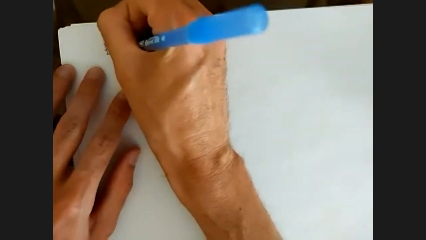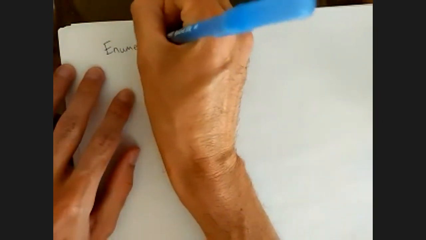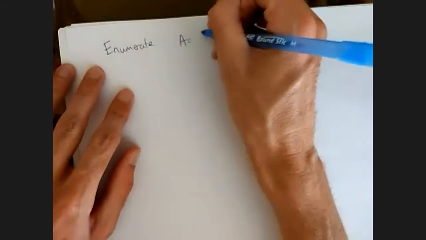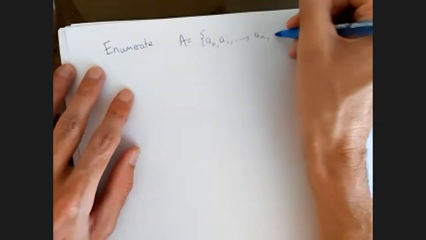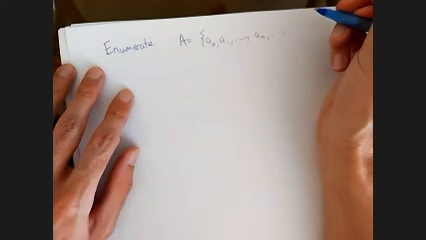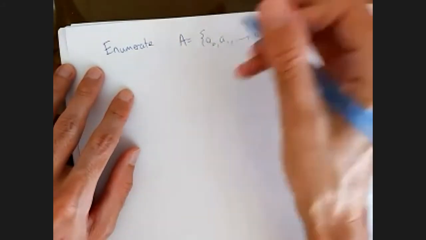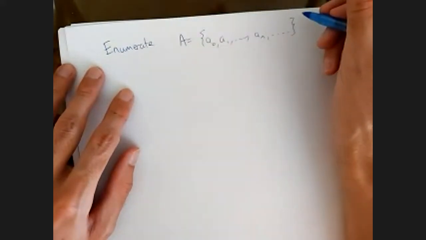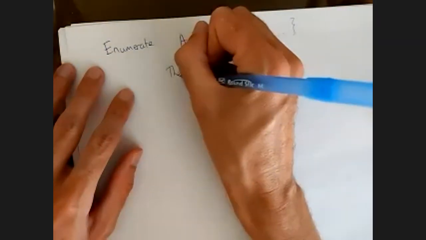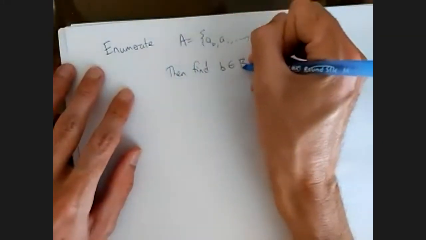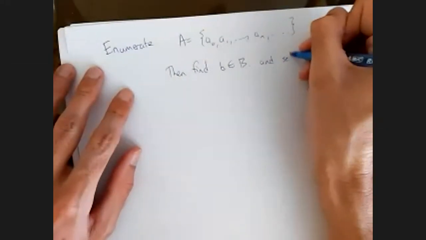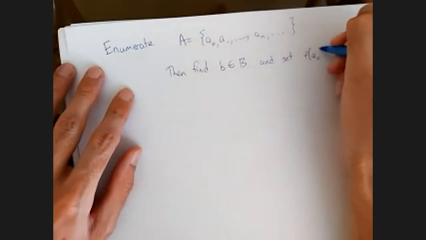You might try to enumerate A as A0, A1, and so on, and find B0 in B and set f of A0 equals B0.